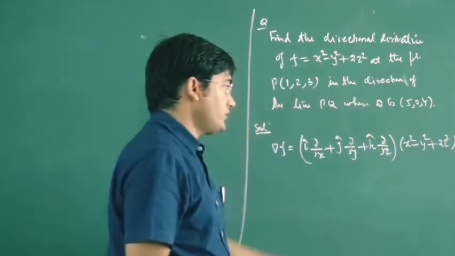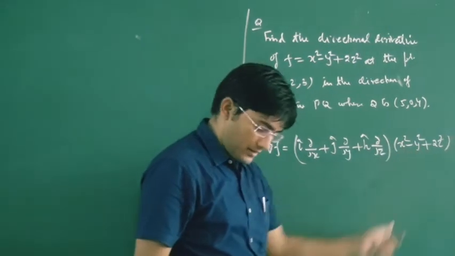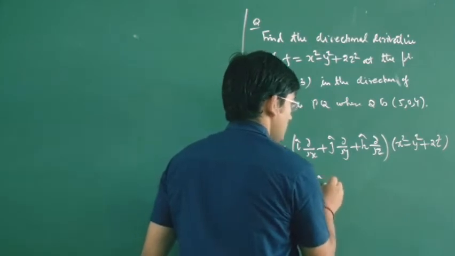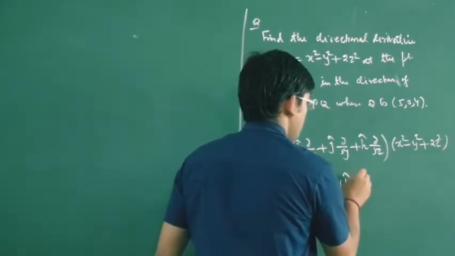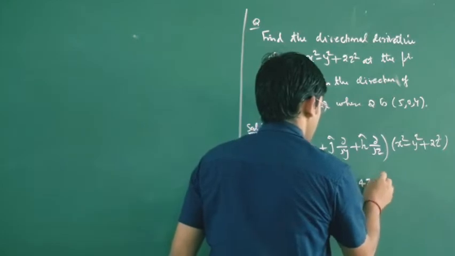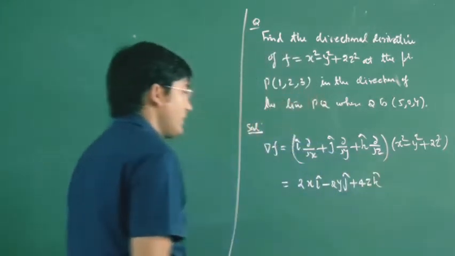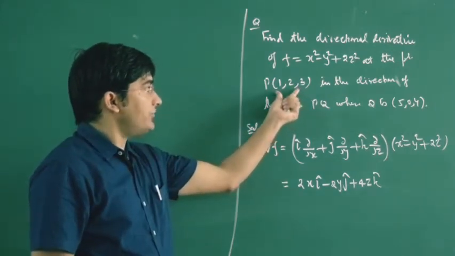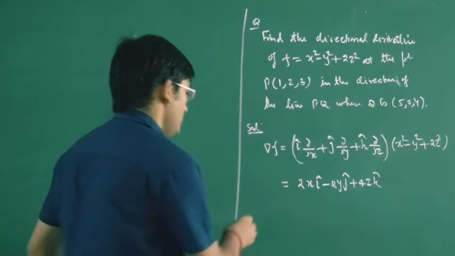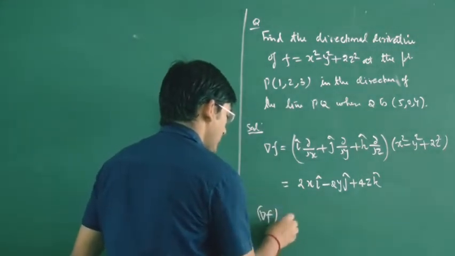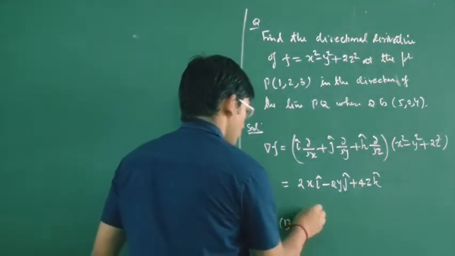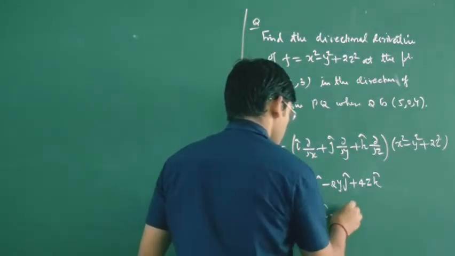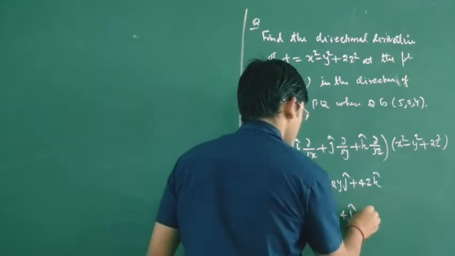If you differentiate this bracket, then we will have 2x i minus 2y j plus 4z k. Now this is your grad f. We have to calculate this grad f at the point (1, 2, 3). Your x is 1, so this is 2i, your y is 2, so this is minus 4j, your z is 3, so this will be 12k.